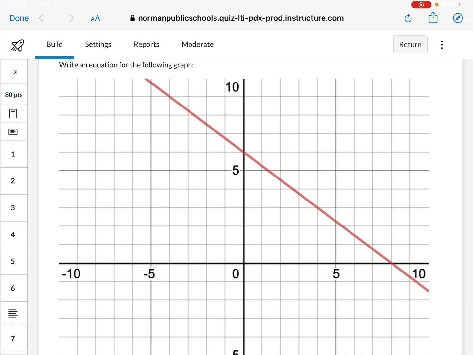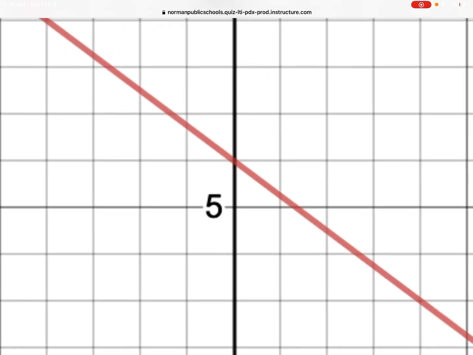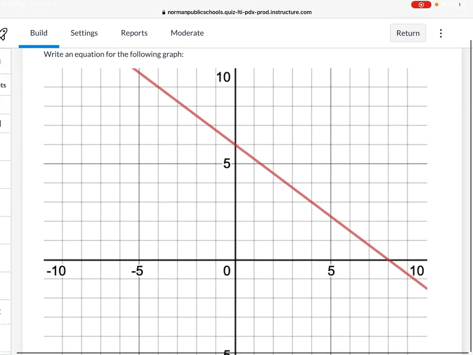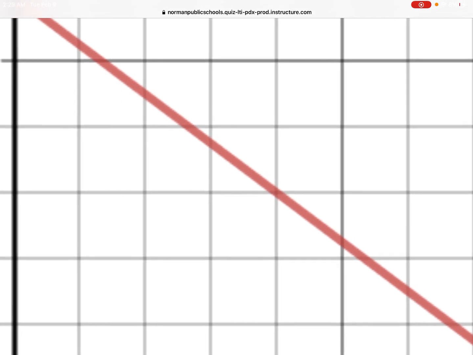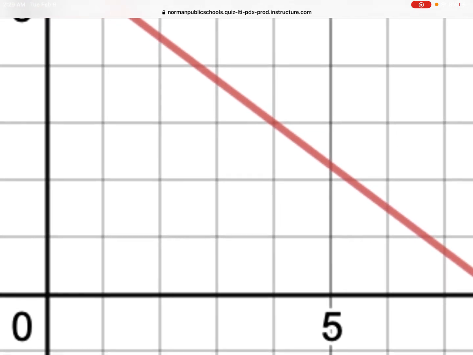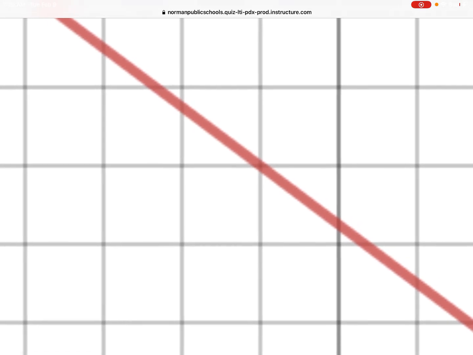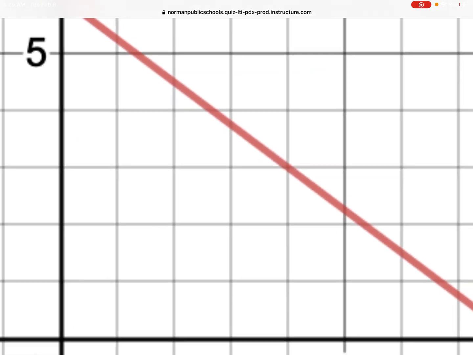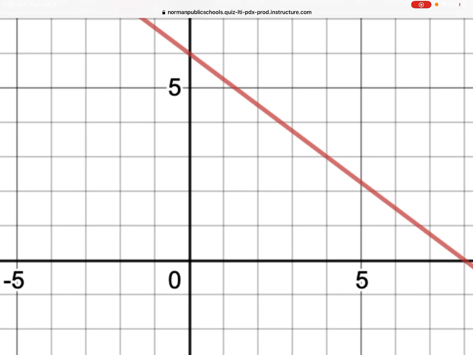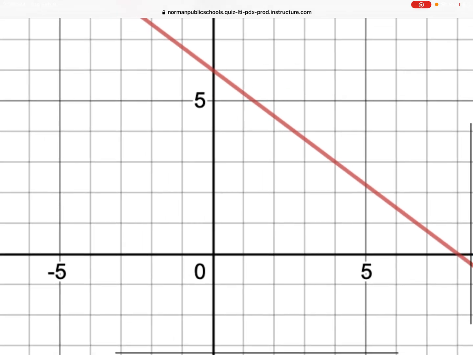If you look right here, I'm going to show you. The y-intercept is a clean point. And this point right here is 4, 3. You can see that's a clean point too.